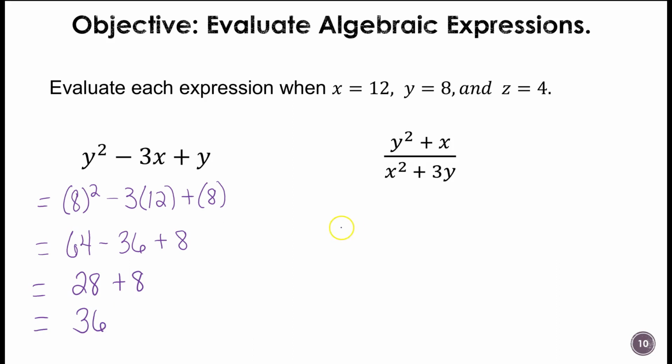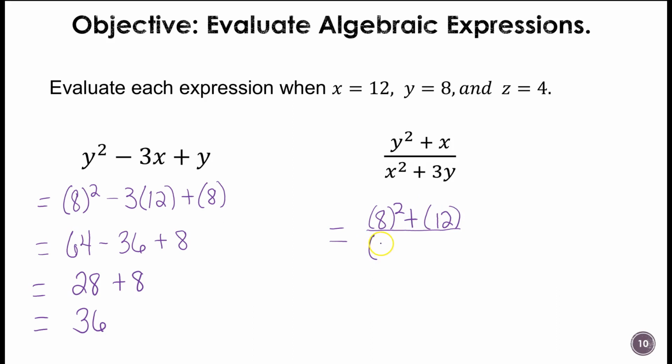All right, so this one has several things going on. It has a grouping symbol of a division bar, and so we're going to replace each variable with the number that corresponds to that. So that's going to be an 8 squared again, like we had on the previous question, plus x. X is 12.